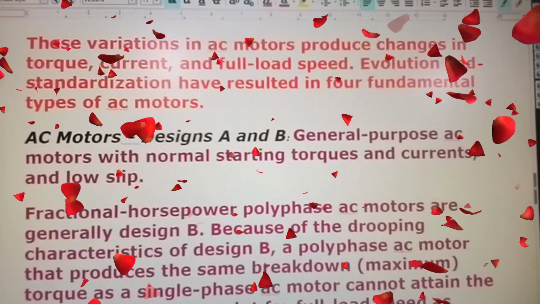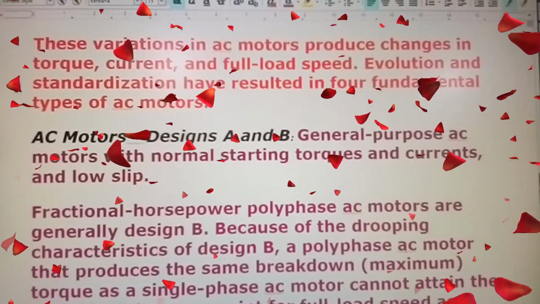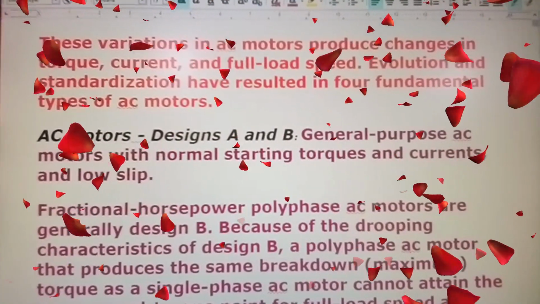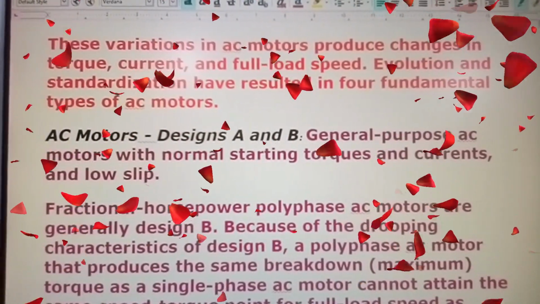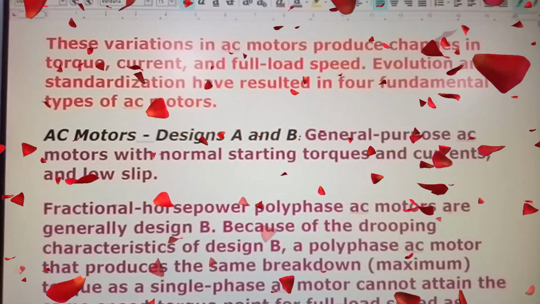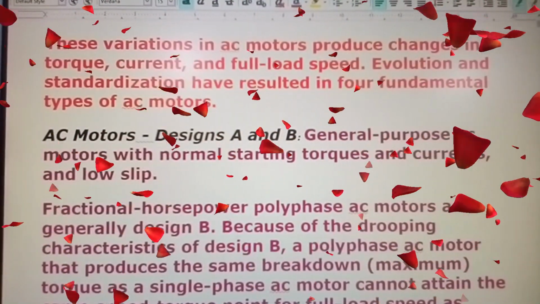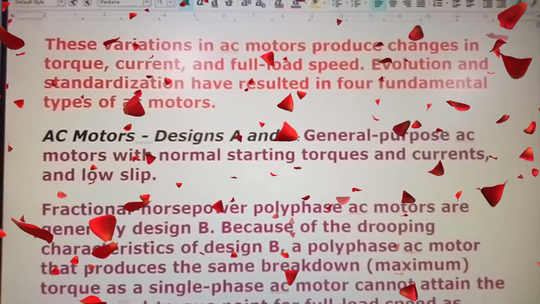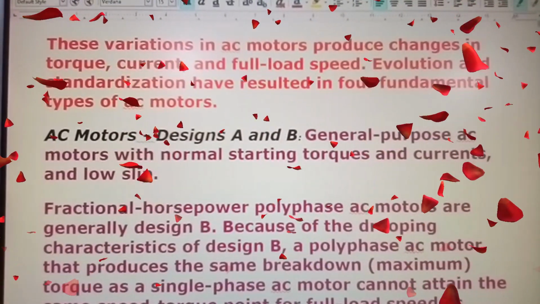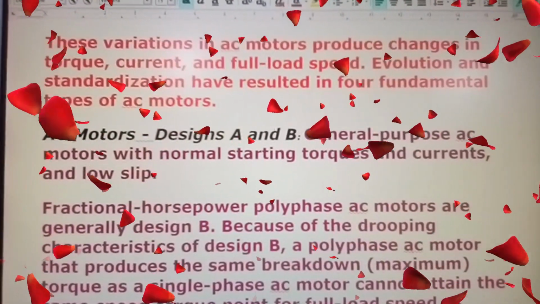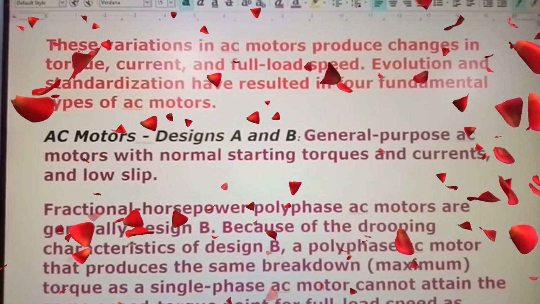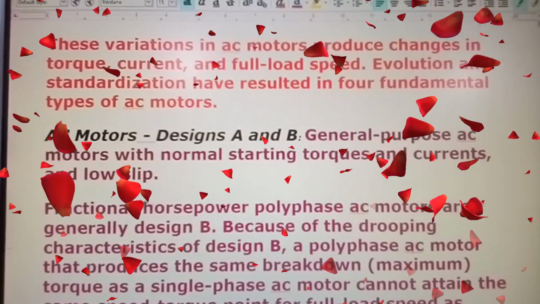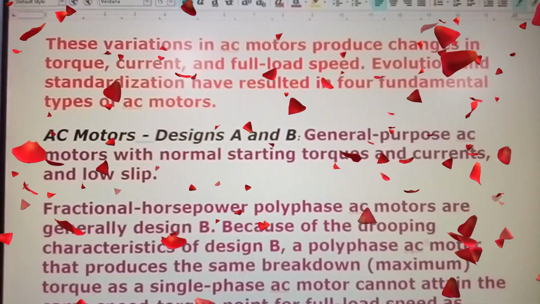So what it's saying here is that polyphase, 3-phase motors that produce a torque of a given value cannot attain the same speed torque point for full load speed as a single phase AC motor, which means that the single phase AC motor will run faster in this sense, but may not have the same torque as a 3-phase, which is a polyphase motor, of a similar type.